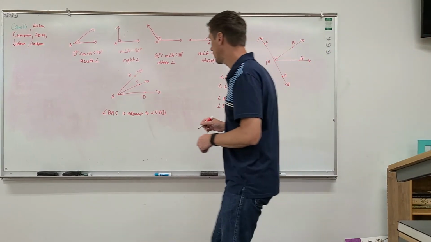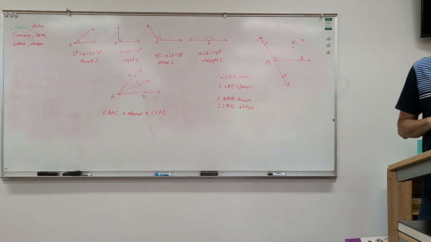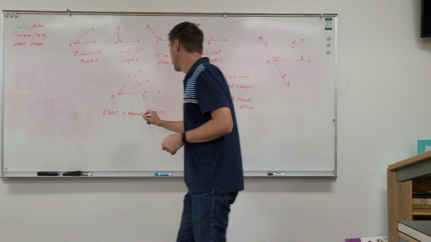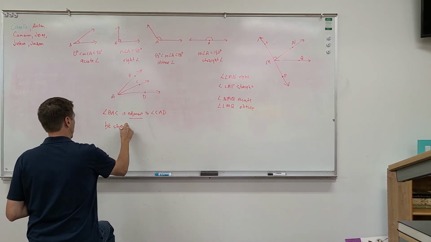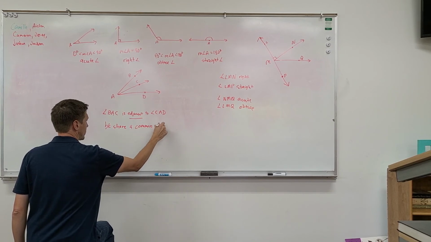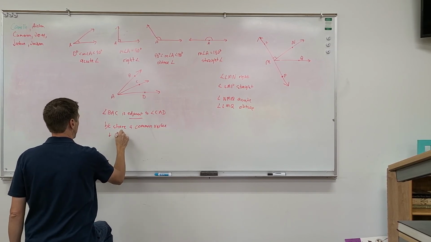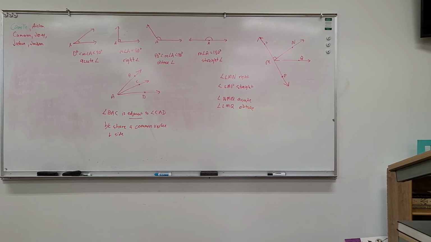These are adjacent angles. They share a common vertex and a common side. Make sense? Adjacent means next to or beside, right? That's right. So if you can remember that definition, then you can remember what that means.